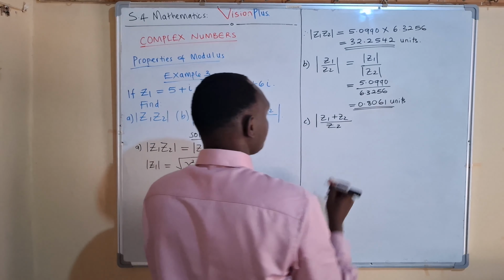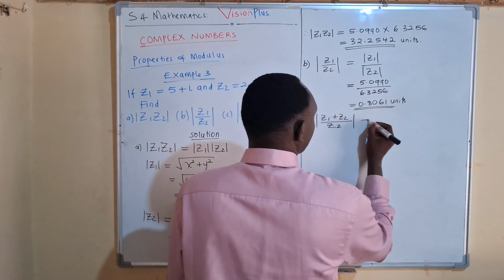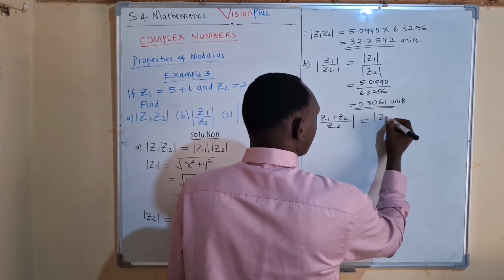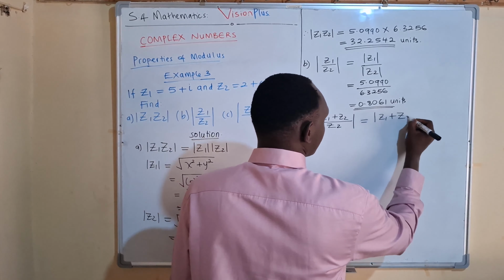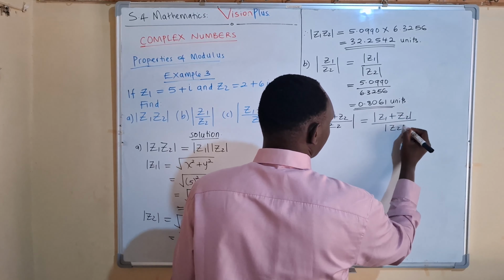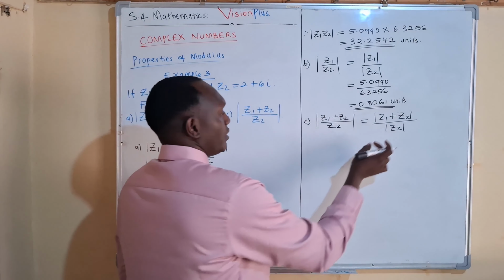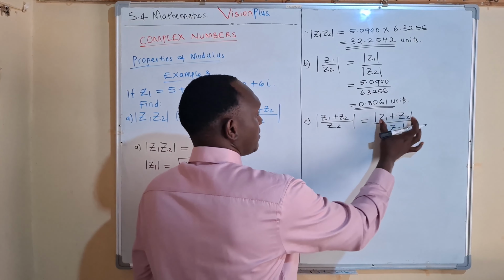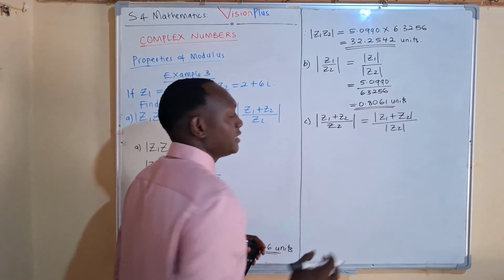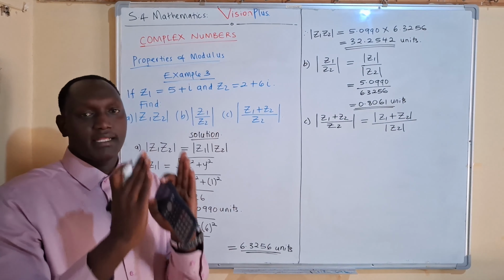Now, this is the same as the magnitude of z1 plus z2 over the magnitude of z2. Now, remember that the magnitude of z1 plus z2 is not the same as the sum of the magnitude of z1 and that of z2.